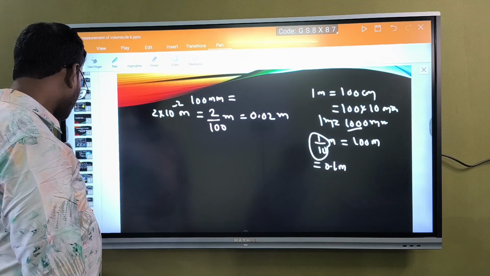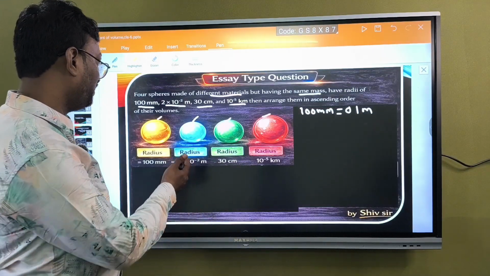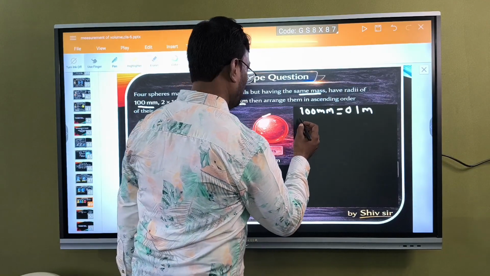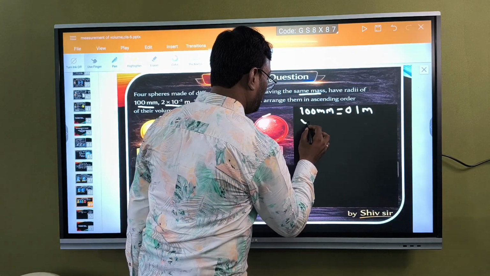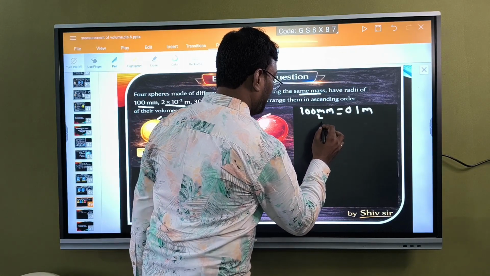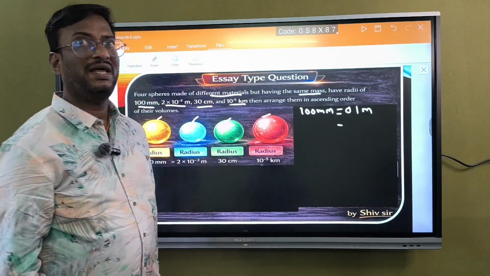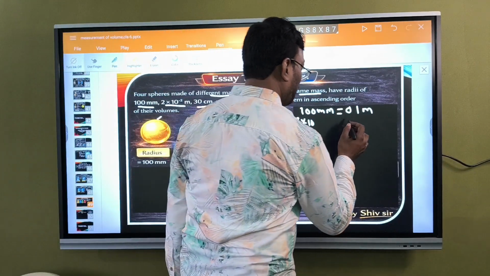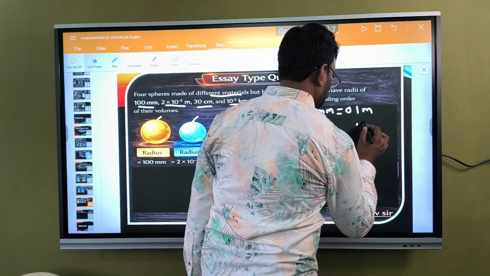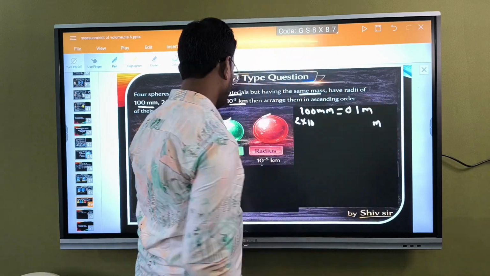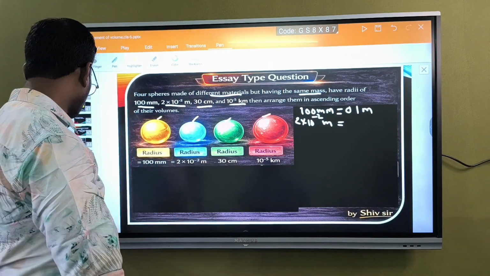So the second one, 2 into 10 to the power of minus 2 meters, can be written as 0.02 meters, right? 0.02 meters.